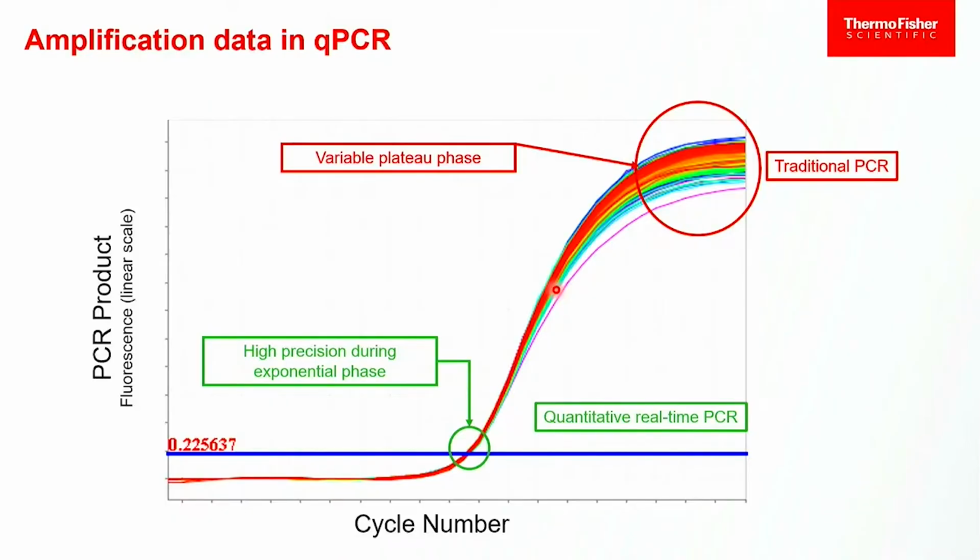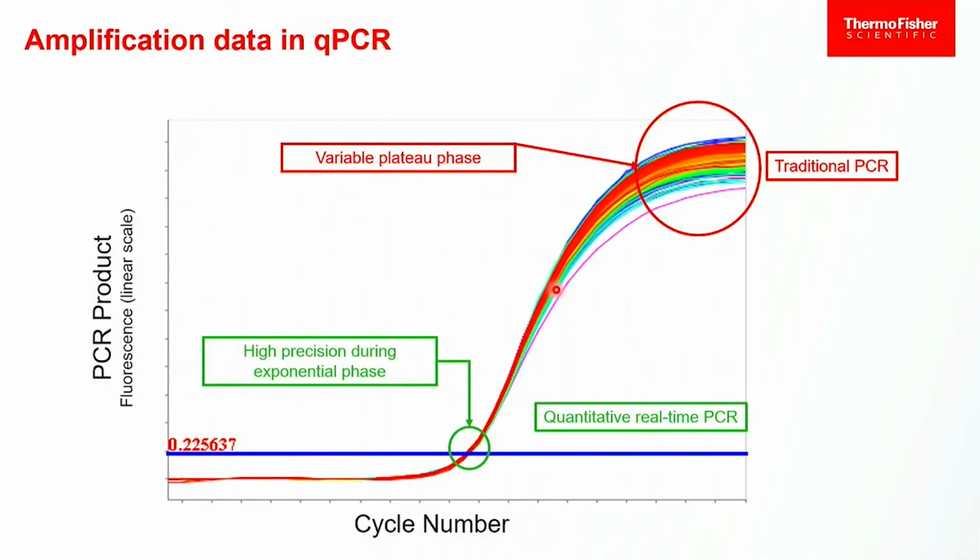So the question is, why? Usually it means that we're starting to run out of something, one of the reagents in our reaction. That can be our NTPs, or usually our primers. And we can actually utilize that for some different techniques.